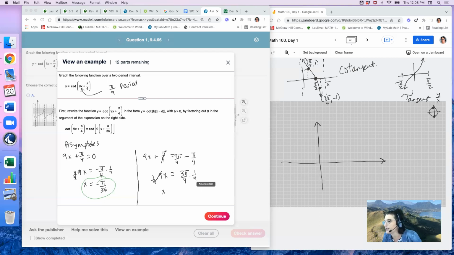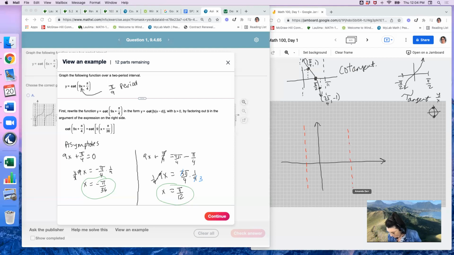Let's see, the 3 goes in here, so it'd be pi over 12. Okay, excellent. So I now have my asymptotes. One's at negative pi over 36, and the other one is at pi over 12.